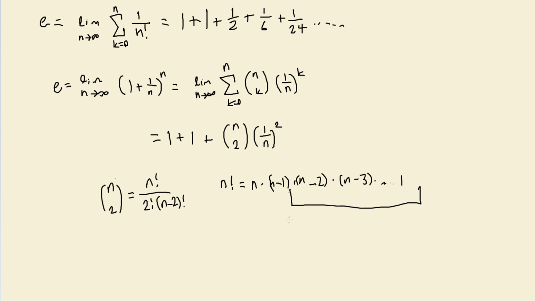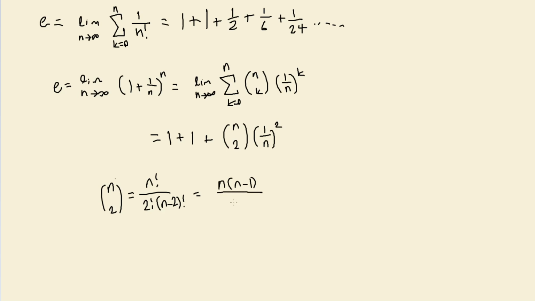And so when we're dividing these terms, all of this is going to cancel, and we're just going to be left with n times n minus 1. And so we have that this is going to reduce to n times n minus 1, which is just going to look like this, being divided by 2 factorial. So that's n choose k. And then we're multiplying by 1 over n squared.